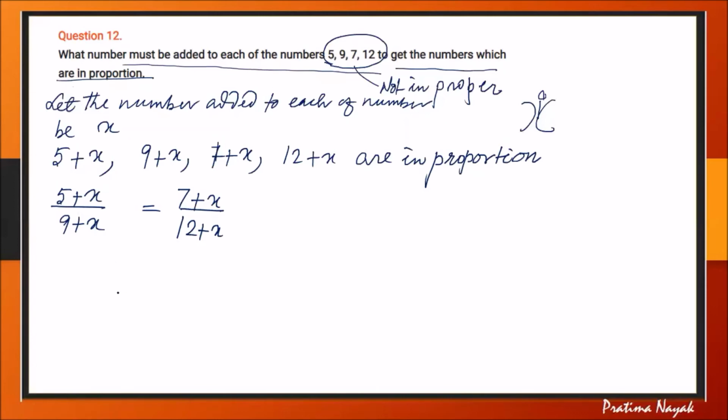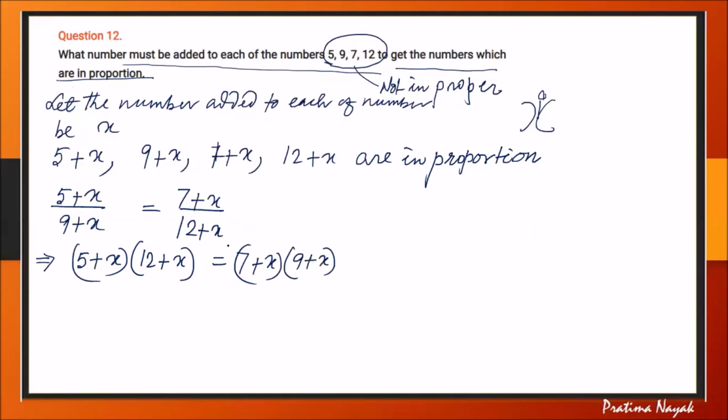Then how to find x? No problem. Cross multiply. You know the procedure now. So what I'll get: 5 plus x into 12 plus x is equal to 7 plus x multiplied by 9 plus x. And you know the algebraic multiplication, go on multiplying correctly.